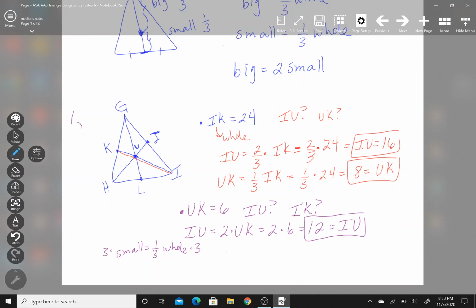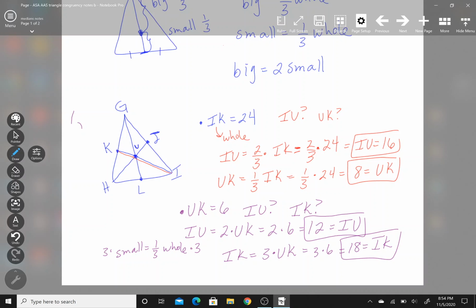If I take the small and multiply it by 3, I'm going to get the whole thing. So IK is 3 times UK. So 3 times 6, 18. And that's IK. And again, look, if I do 6 plus 12, the 2 pieces, I get 18. So another way to do it.